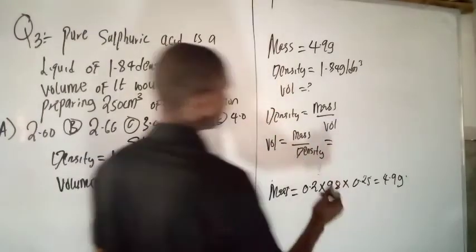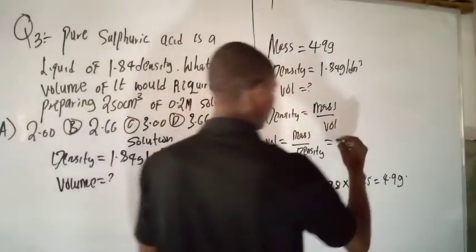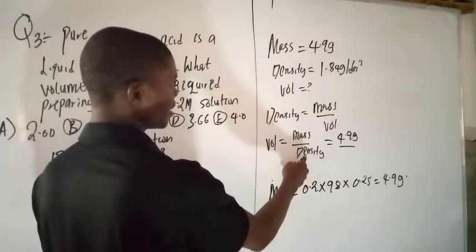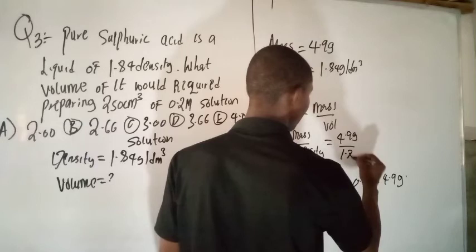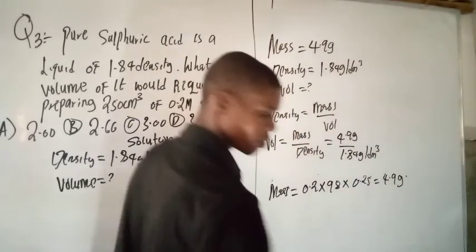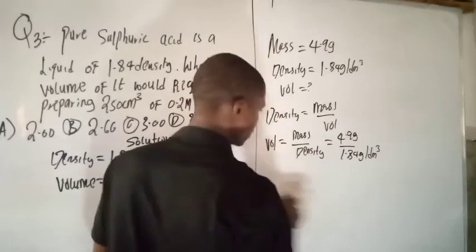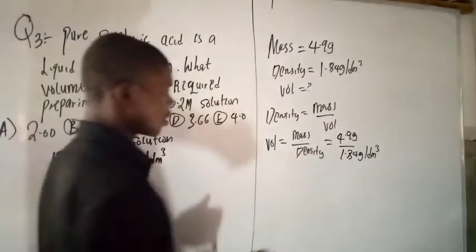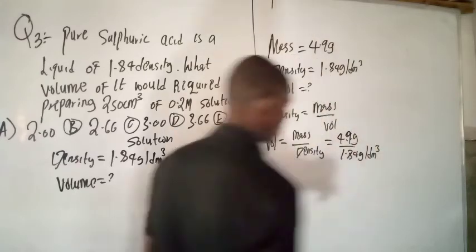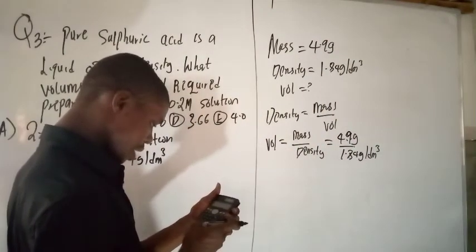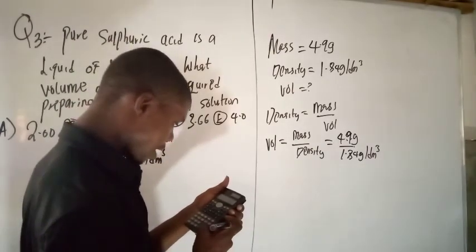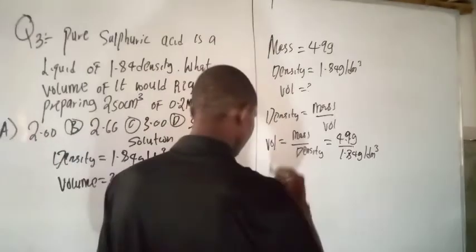So if you plug in our values here, my mass is 4.9 gram over my density, 1.84 gram per dm cube. Now, if you punch it out, remember here it is 4.9 gram, so 4.9 divided by 1.84 gives 2.66.